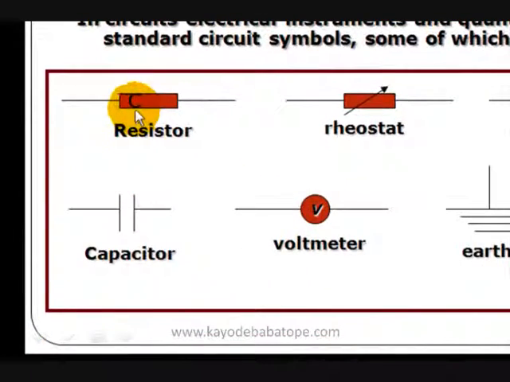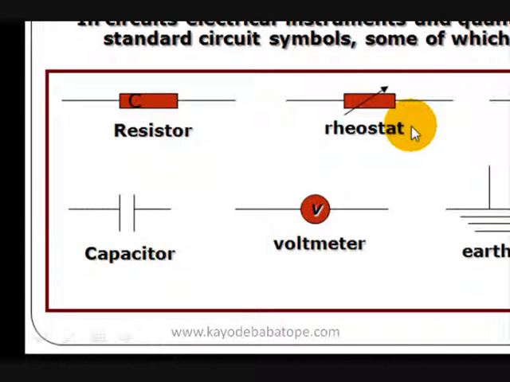In this case, it is C ohms. In terms of quantities, you can have a resistor labeled 4 ohms, 10 ohms, 1 ohm. Okay, this is the standard circuit symbol for a rheostat. Remember, we said the rheostat is a special kind of variable resistor.